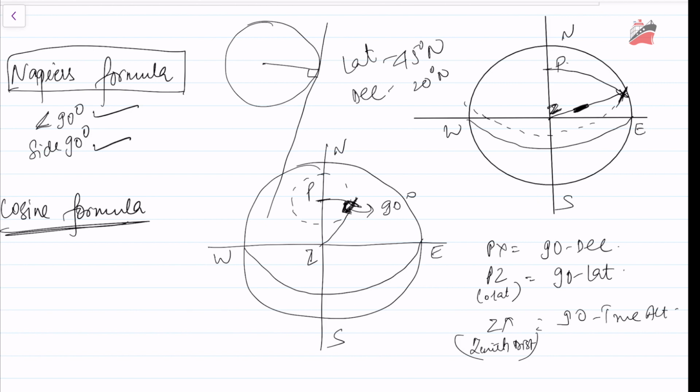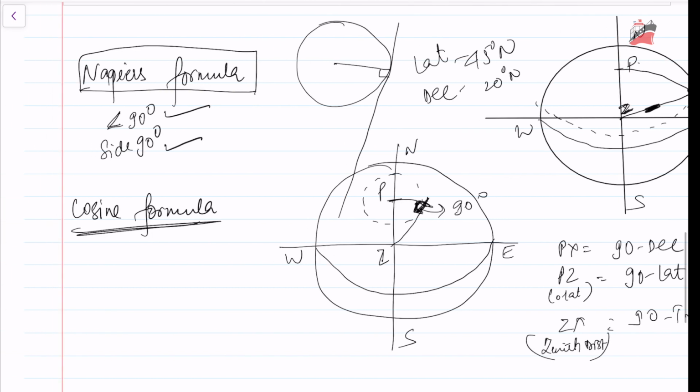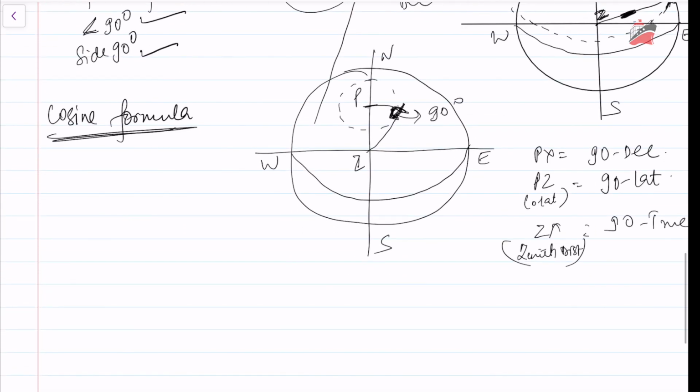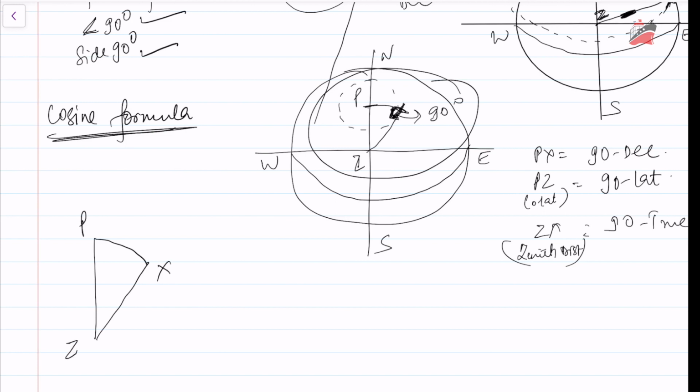Now how do we use Napier's formula? Let us consider first a diagram wherein we have an angle of 90 degrees. I am drawing this diagram again. This is the diagram P, Z and X, with angle X being 90 degrees. Now you will have to draw a circle and divide it in such a way.